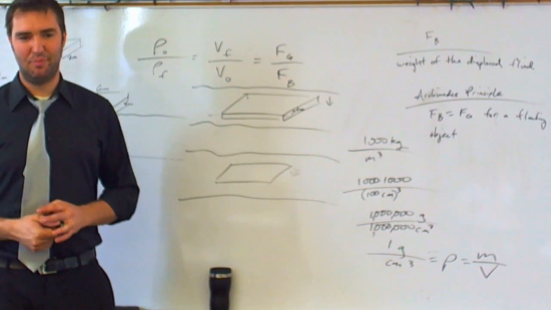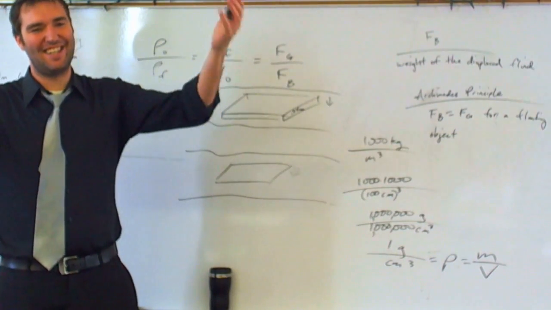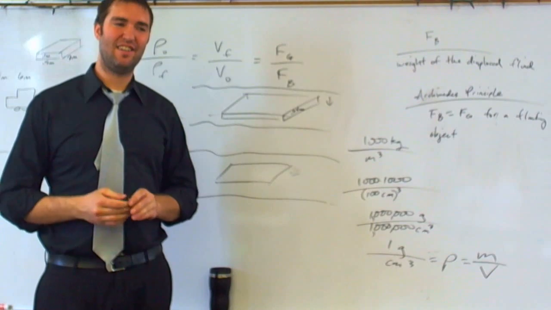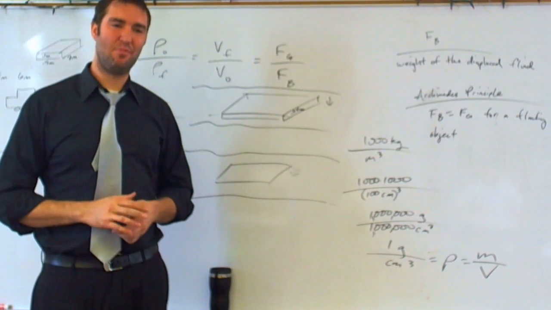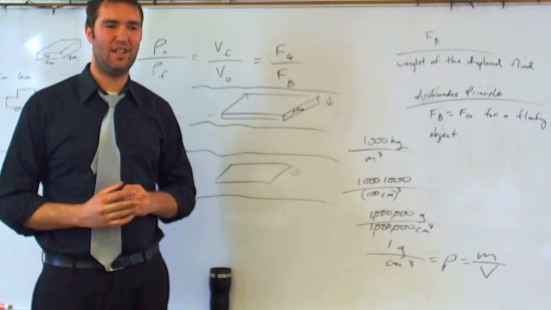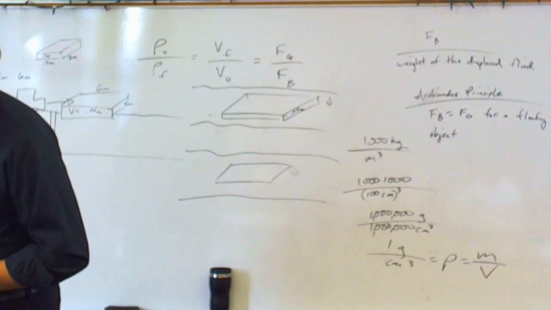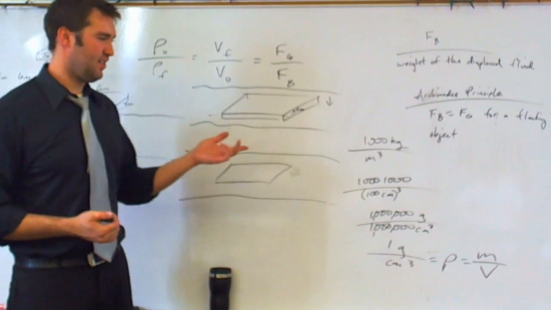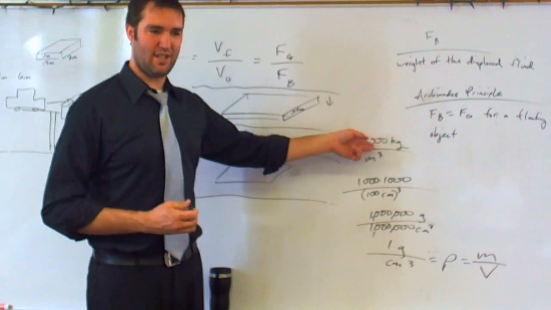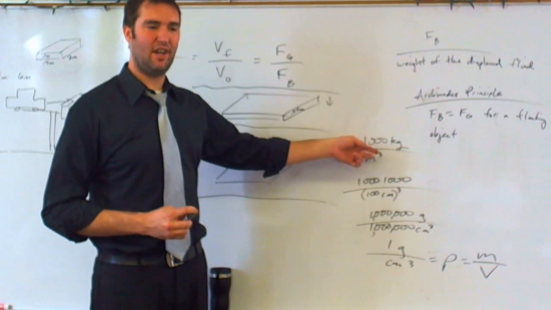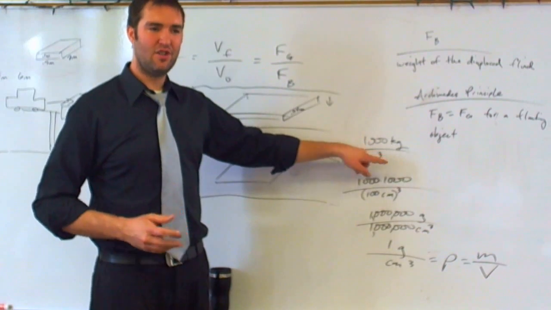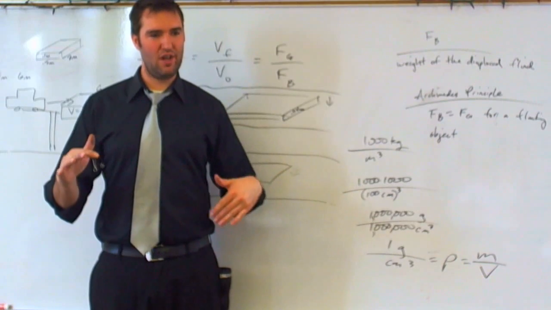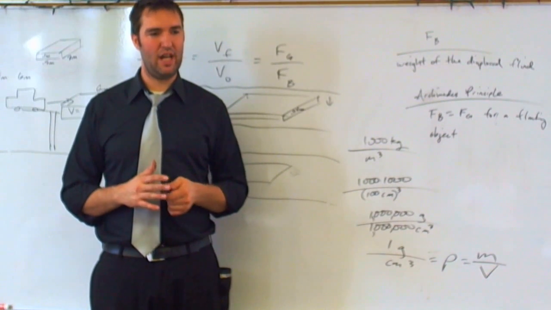Mass of 0.001 cubic meters of water. 1/1000th of a cubic meter of water is a kilogram. So if we had this cubic meter and we had it full of water, how much would it weigh?